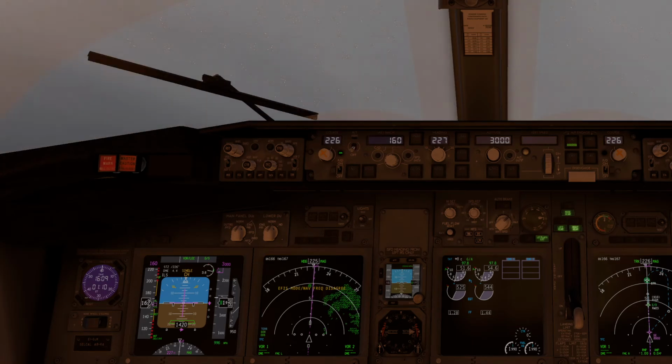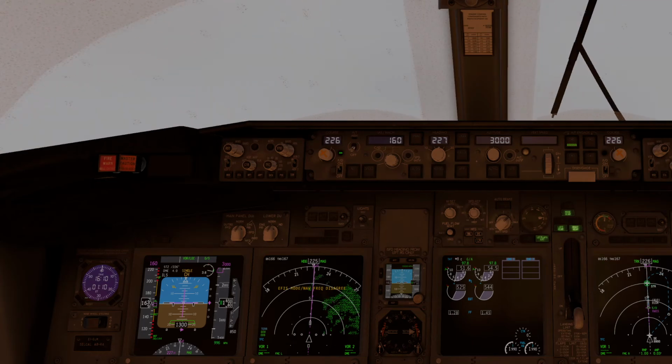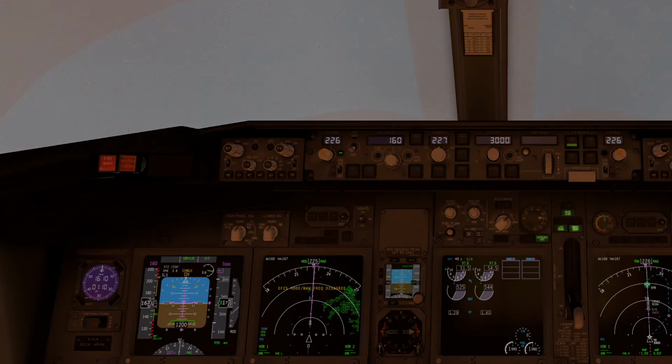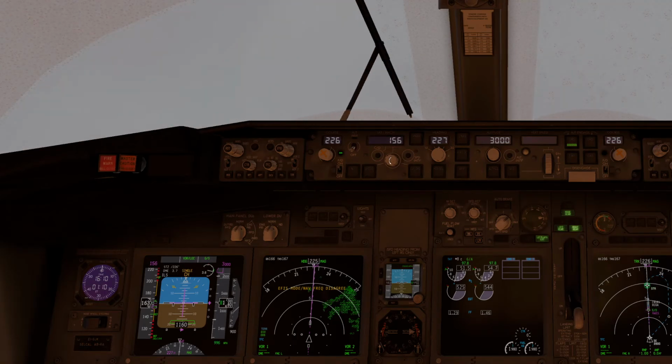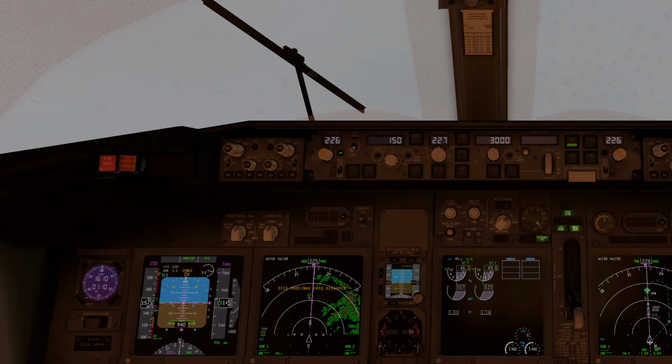Yeah. 1,300 feet AGL. Reducing 150. Flaps 25. And flaps 30. 1,000 feet to go.